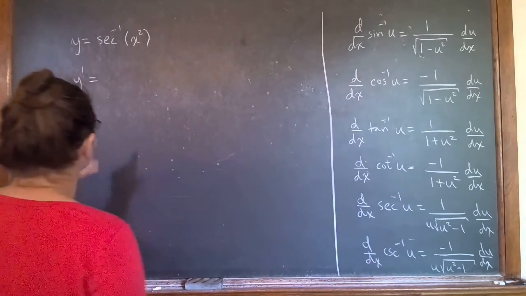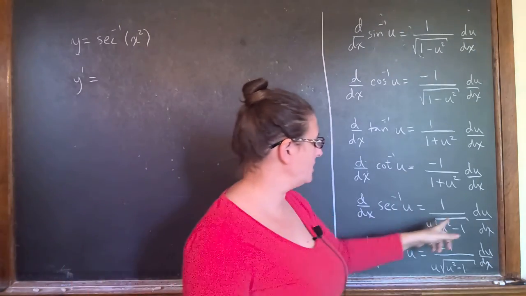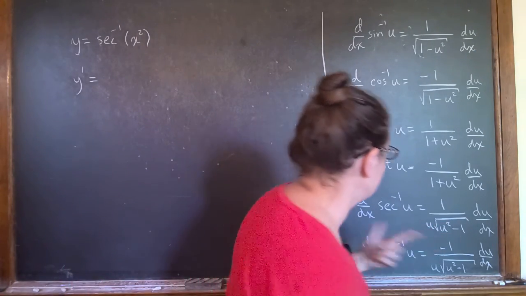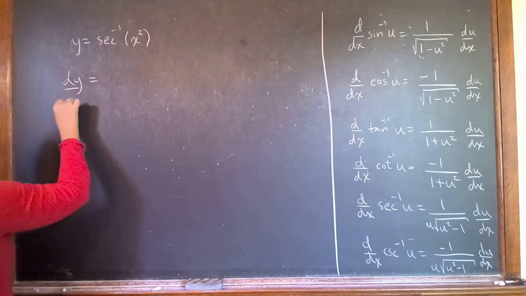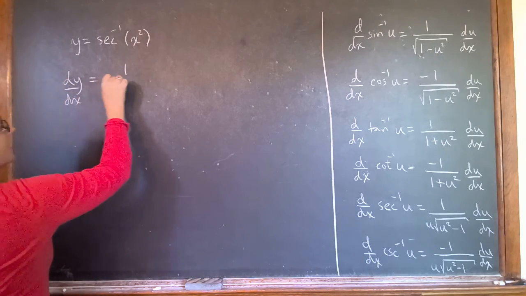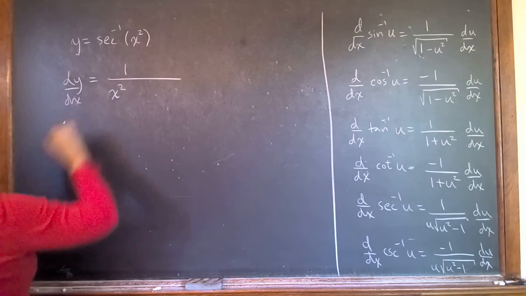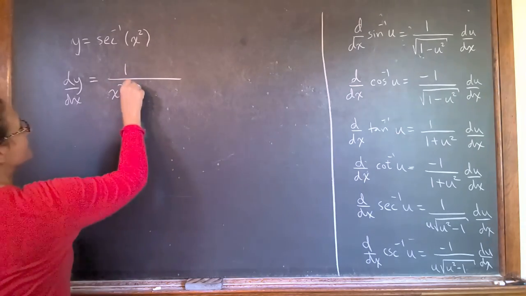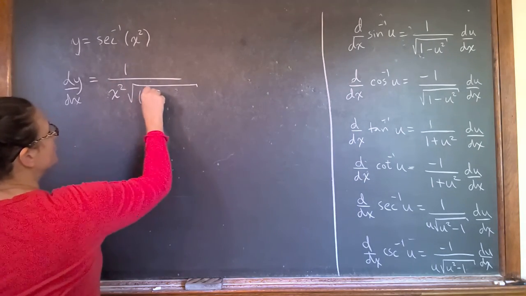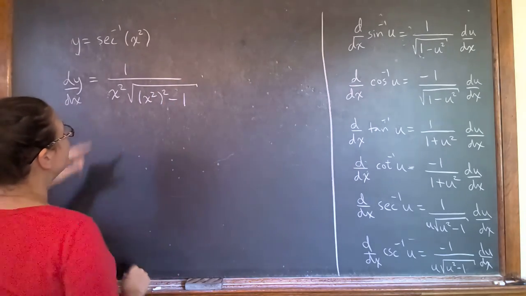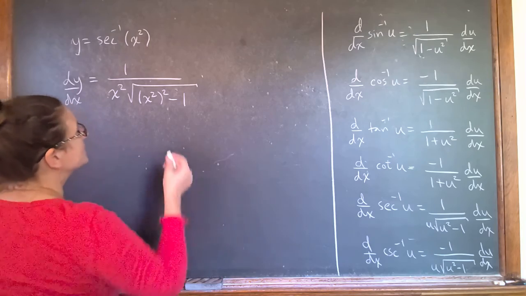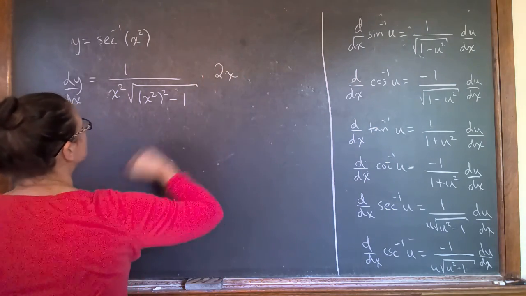For inverse secant, it's 1 over u times square root of u squared minus 1. So let me write dy dx instead here. So I'm going to do 1 over my u, which is x squared, times the square root of u squared minus 1, times the derivative of what's inside, right? Because these are all chain rule problems, really.